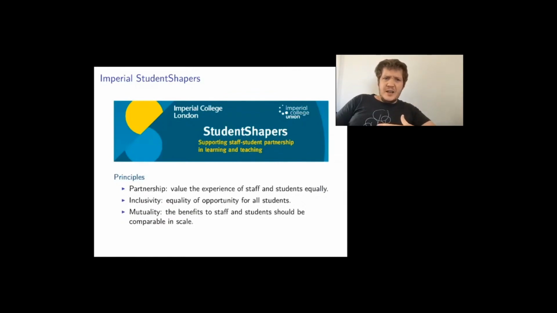At the heart of the Student Shapers program are what you might call principles of equity. I've written here partnership, inclusivity, mutuality. What we're trying to do is to value the experience of staff and students. We're trying to make sure that all students have an opportunity to contribute to the curriculum. And we're trying to offer a program that has benefits for us in terms of producing resources, but also benefits that accrue to the students too in terms of the training and cohort building.